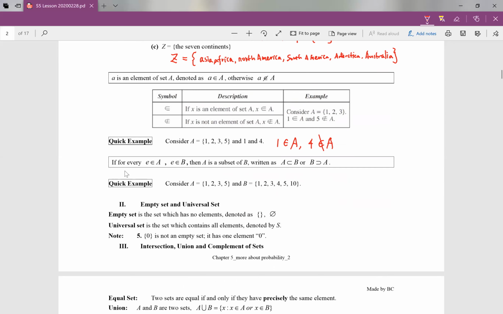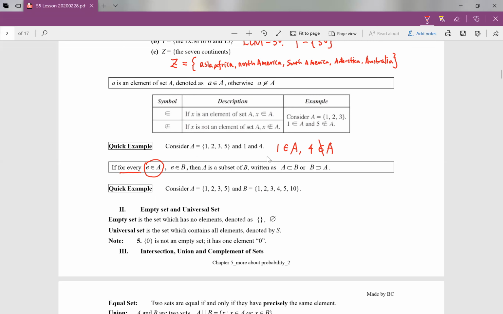If every element in A also belongs to B, in that case, A is a subset of B. The new word, subset. This is denoted as A is a subset of B like that.